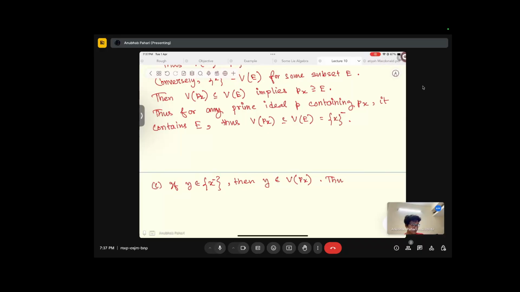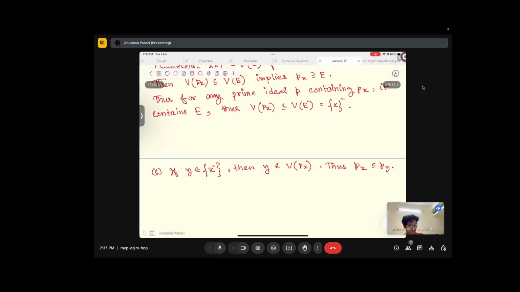Thus p_x is contained in p_y. Now conversely, if p_y contains p_x, then y is in V(p_x), which equals x bar.